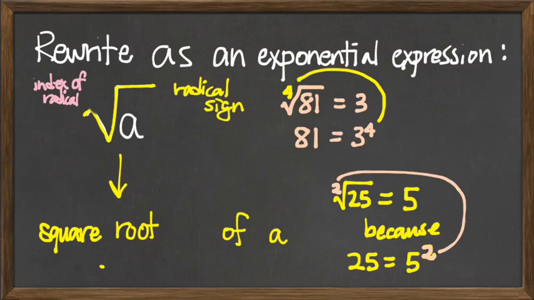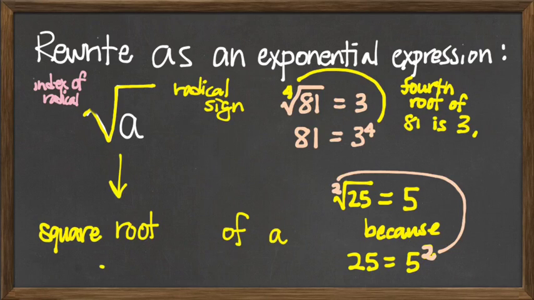Okay? So we would use the same words. We just wouldn't call it a square root, because the square root, as you might expect, is a way to undo the operation of squaring. So this kind of root is meant to undo the operation of taking a 4th power. So we call it a 4th root of 81 is 3.